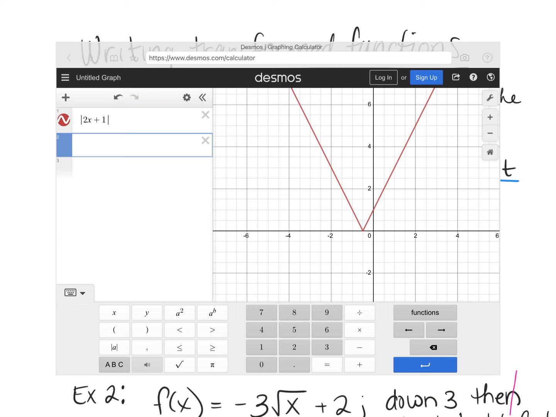What's the new function? Absolute value of 2x plus 7, plus 4. So did this move 1, 2, 3 to the left? Yeah? Did it move up 4? Yes. So our new equation is correct.